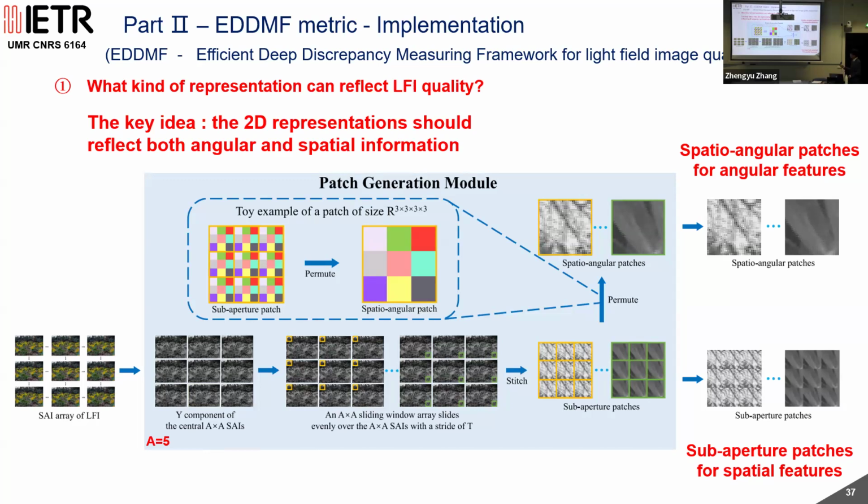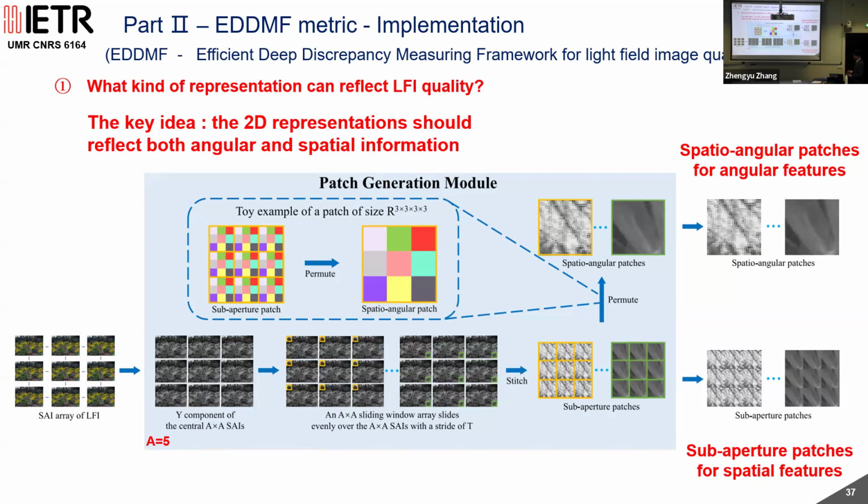And then we reshuffle the pixels in the sub-aperture patch into the spatial angular patch. As a result, we can generate a large number of spatial angular patches and sub-aperture patches from one light field image.